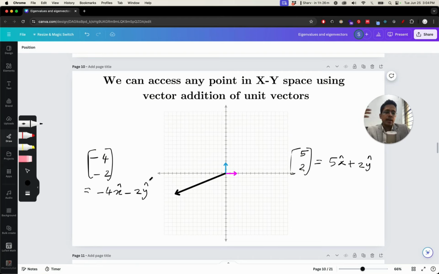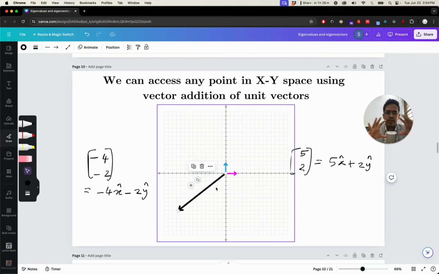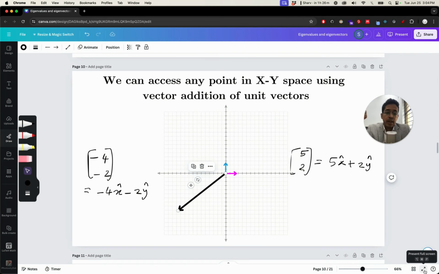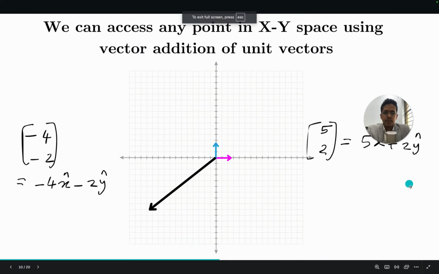Again, irrespective of the position of this vector, any vector in this 2D xy space can be expressed in terms of these two unit vectors. So we can access any point in the 2D space. That is the peculiarity of these two unit vectors.